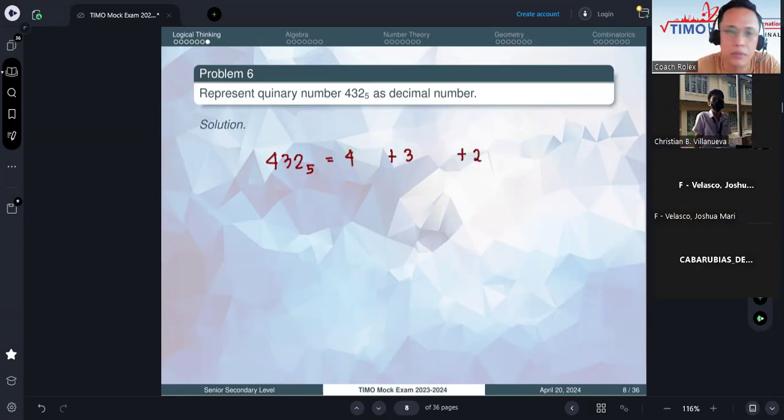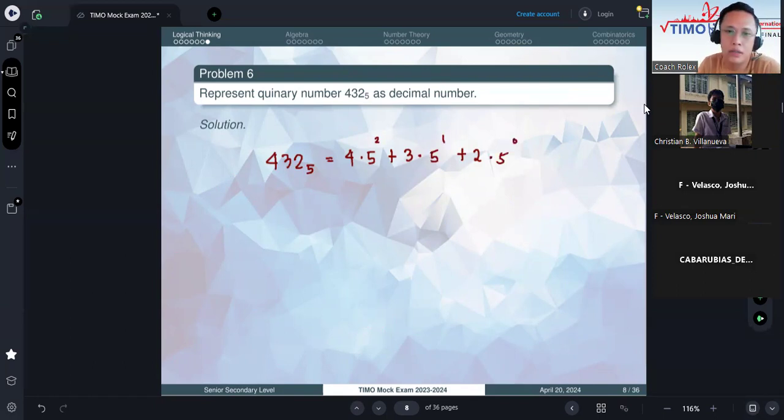Then the number system is from base 5, so you multiply by 5 to the 2, 5 to the 1, 5 to the 0.